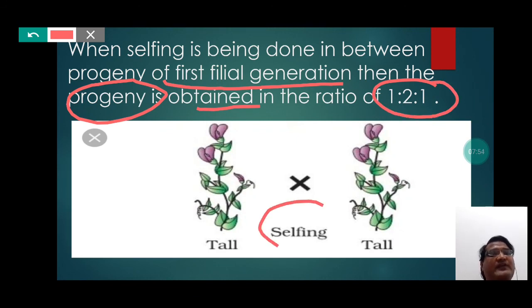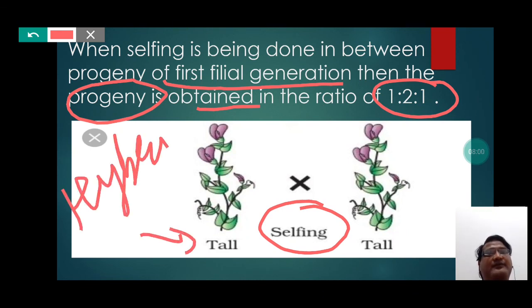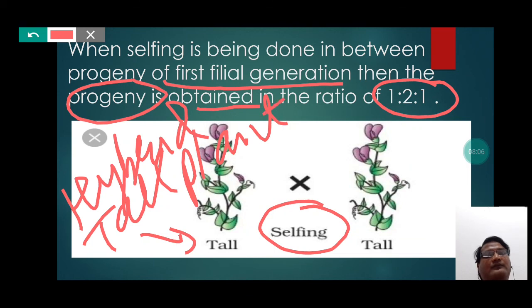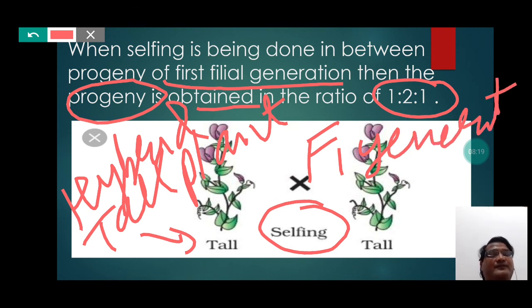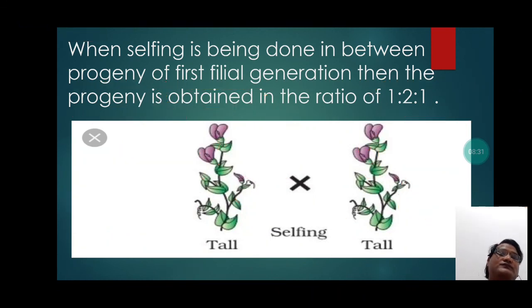So students, when the selfing is being done between the hybrid tall plants of pea which have been taken from the F1 generation, that is the first filial generation, where the genotype of the hybrid tall here will be capital T small t and here capital T small t, then the progeny which is obtained is in the ratio of 1:2:1.